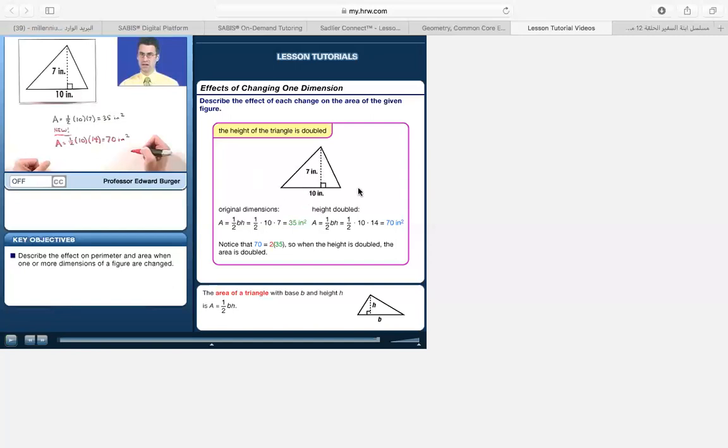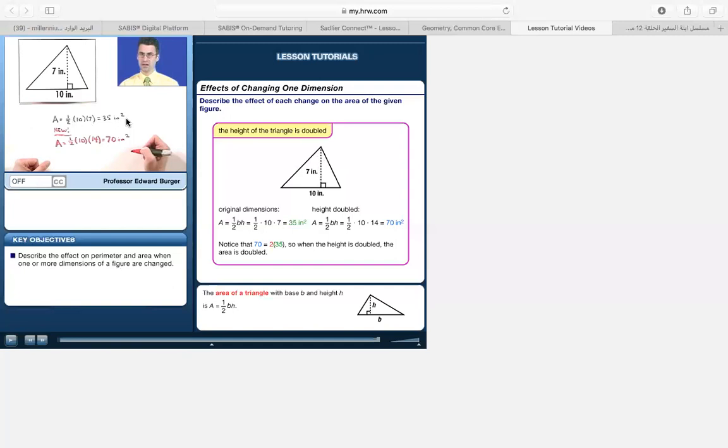Half base, the base is 10 and the height is 7. So half 10 multiplied by 7. 10 multiplied by 7 is 70, and half of 70 is 35 inch squared. And as I told you before, don't forget to square the unit because we are calculating the area.